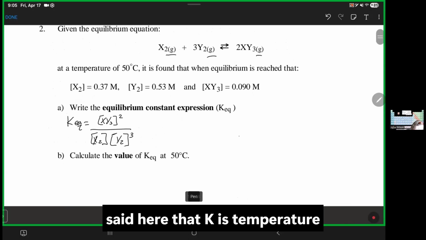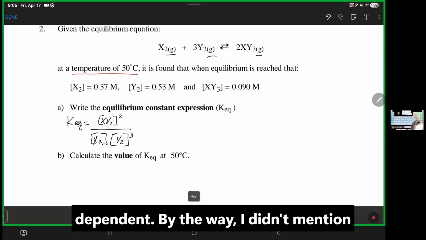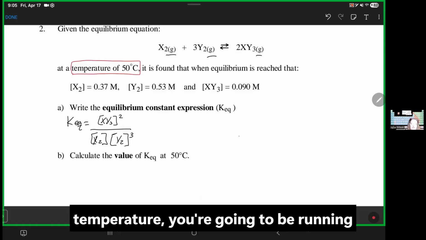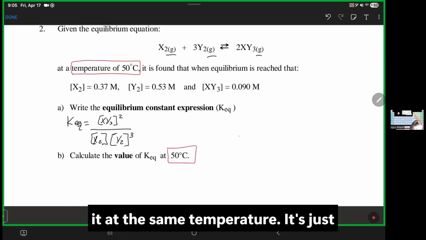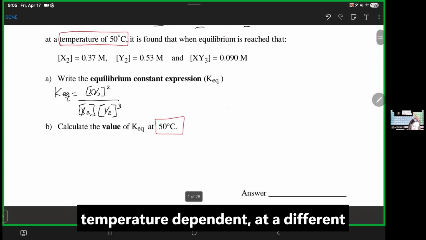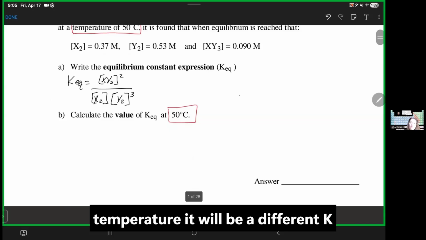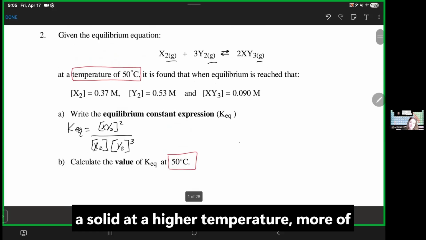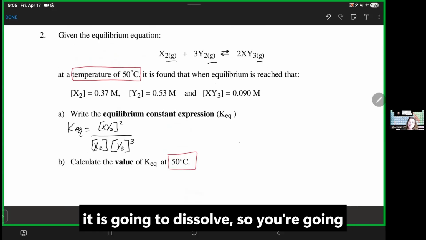And they said here that K is temperature dependent. By the way, I didn't mention that. So if they tell you the temperature, you're going to be running it at the same temperature. It's just more information because K is temperature dependent. At a different temperature, it will be a different K value because like if you're dissolving a solid at a higher temperature, more of it is going to dissolve.